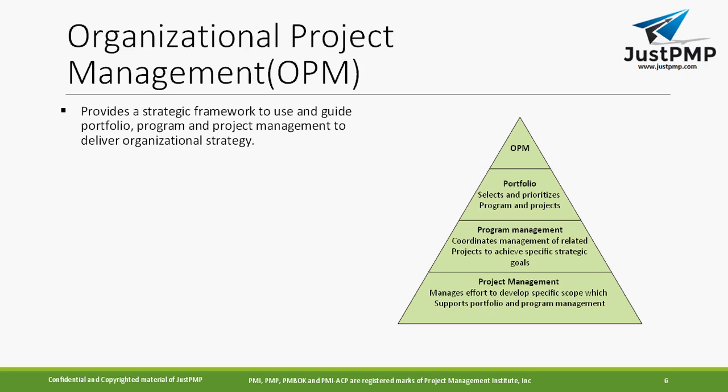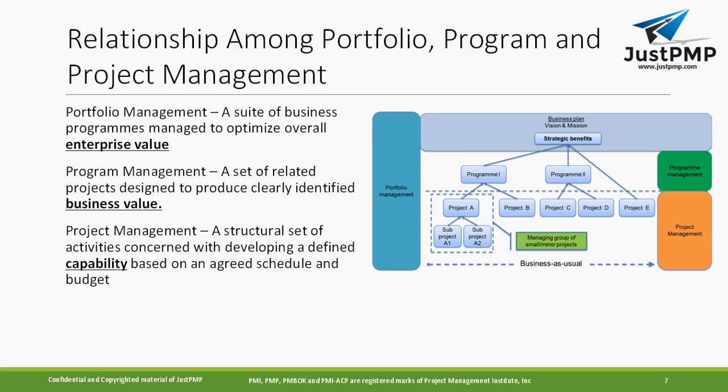So if you have multiple projects, it coordinates the management of related projects to achieve a specific strategic goal. What is a portfolio? A portfolio selects and prioritizes the programs and projects. So it will select which ones will be of higher priority, which need to be delivered as early as possible to achieve the strategic business goal of the organization.